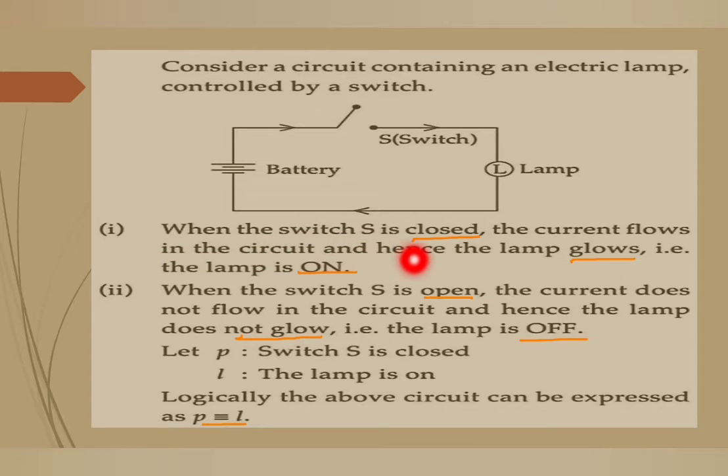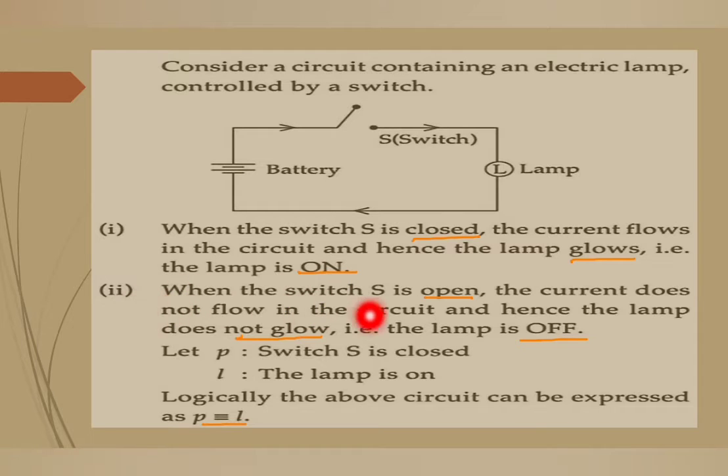When the switch is closed, the current flows in the circuit and hence the lamp glows, that is the lamp is on.